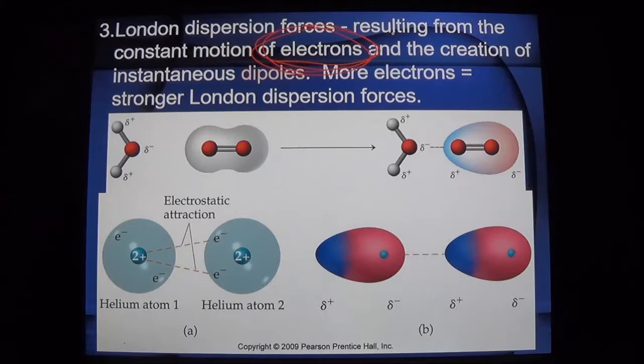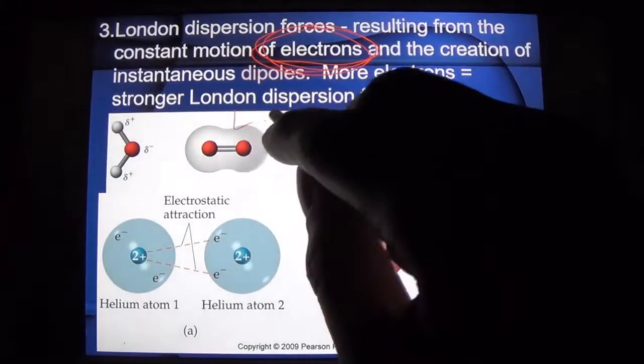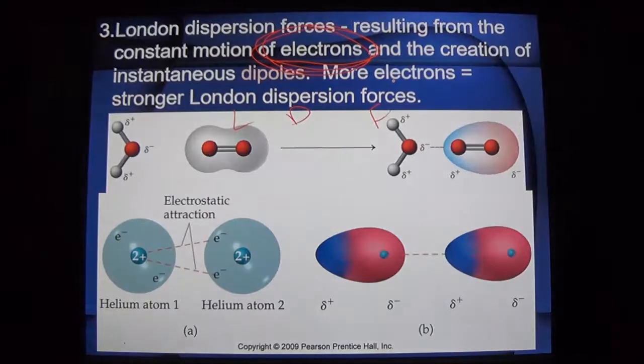Iodine has a whole lot, because it's a big atom. Element 118, the biggest atom we have so far, would have 118 electrons, so it has a lot. But all of them, every element then, can do London dispersion forces. And yes, you can abbreviate that as LDFs. It is officially acceptable, even on the AP exam, to call them LDFs, London dispersion forces.